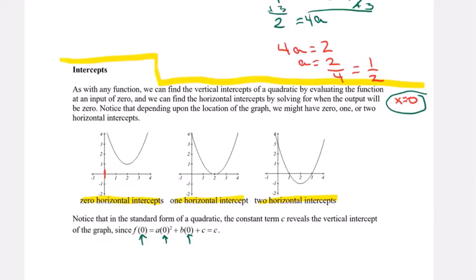We find out that y is always going to be equal to our c value when we have ax squared plus bx plus c. So the vertical intercept is really pretty easy. Okay, horizontal, a little less simple.